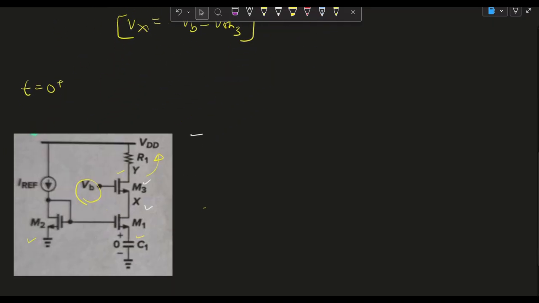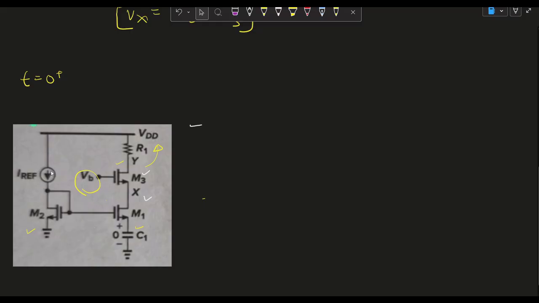So for this time frame, t equal to 0 plus.